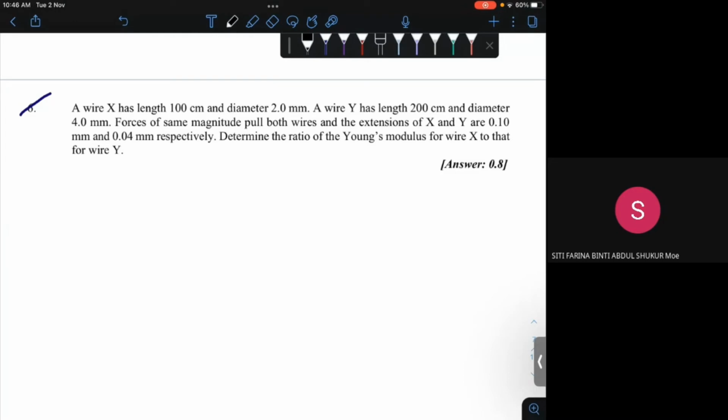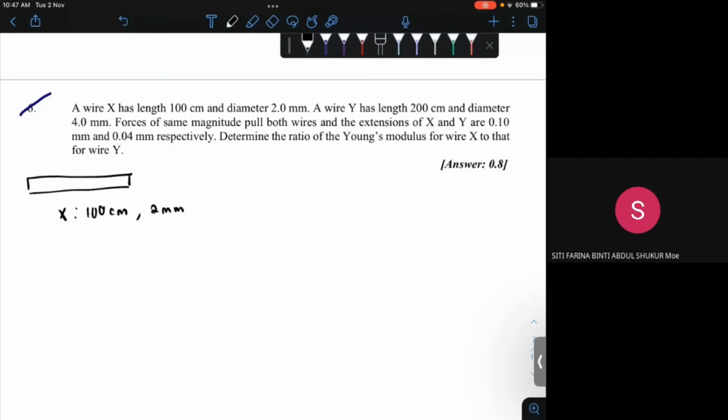Kita tengok soalan 6 kejap. A wire X has length 100 cm and diameter 2 mm. So kita ada wire X dekat sini yang mempunyai length 100 cm dan juga diameter sebanyak 2 mm.